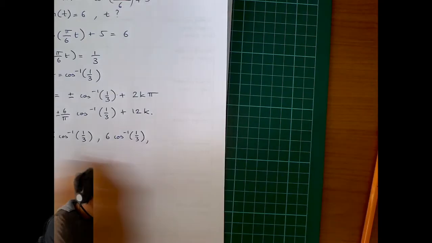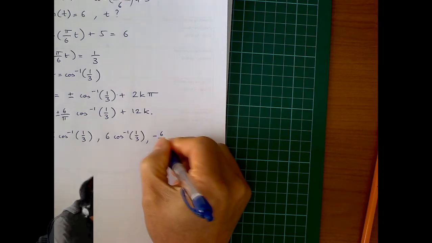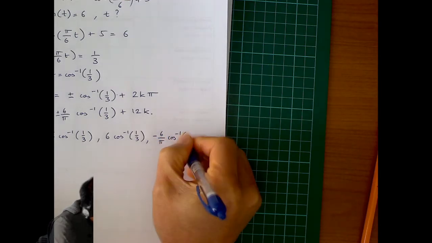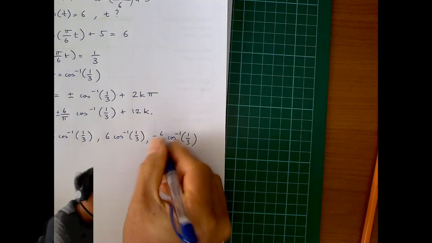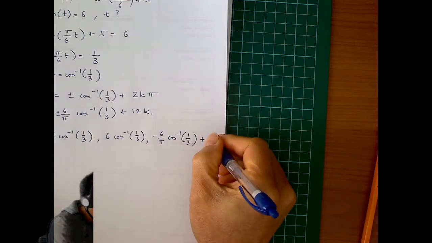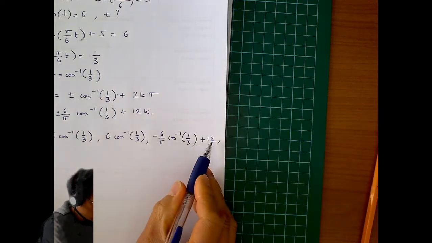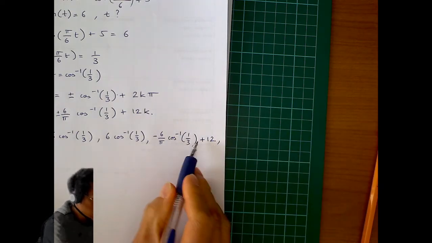Okay, with the negative, the first value cannot be negative, so for the first one with the negative, you need to add 12. And if you add another 12, you'll get a fourth solution.